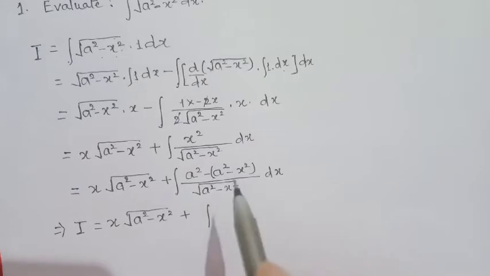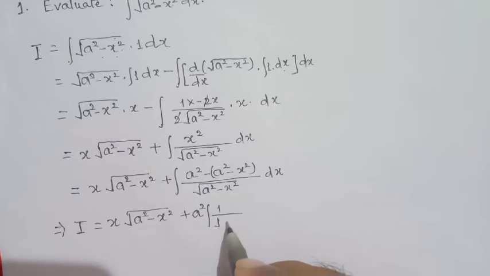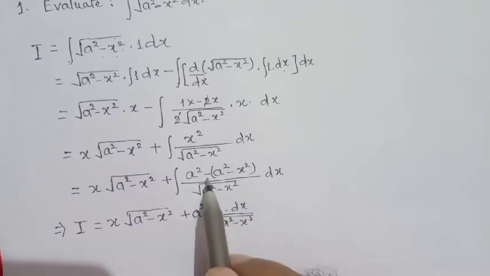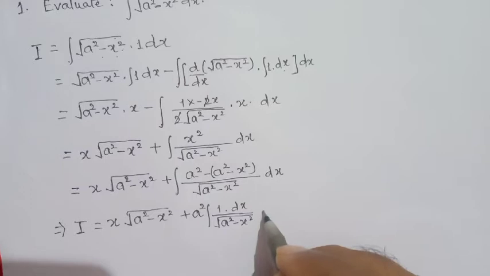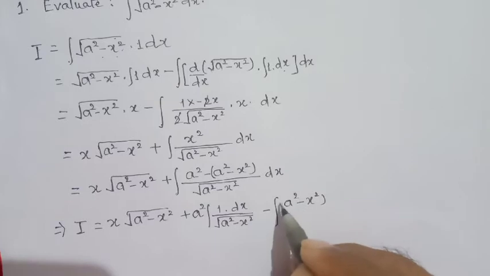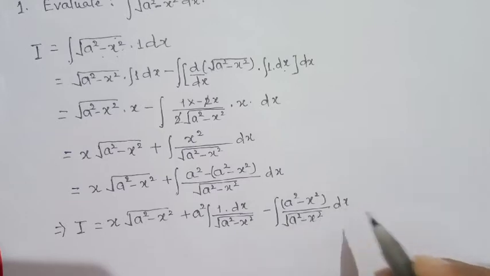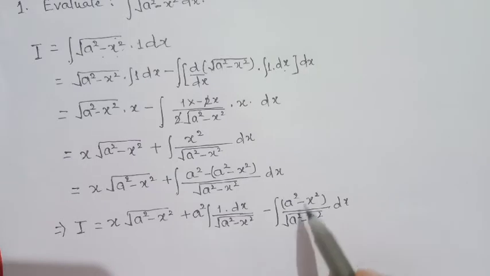Since in the numerator a square is constant, it should be written as a square into 1 upon under root a square minus x square dx, and the second integral will be written as minus a square minus x square by under root a square minus x square dx. This is root, so it should be cancelled here.